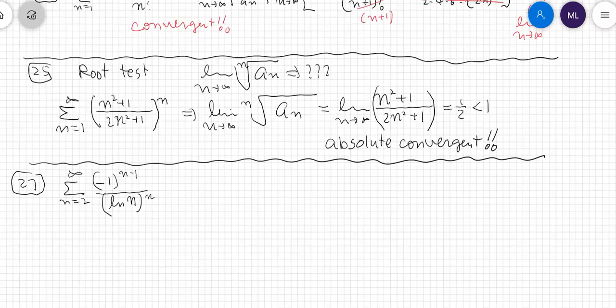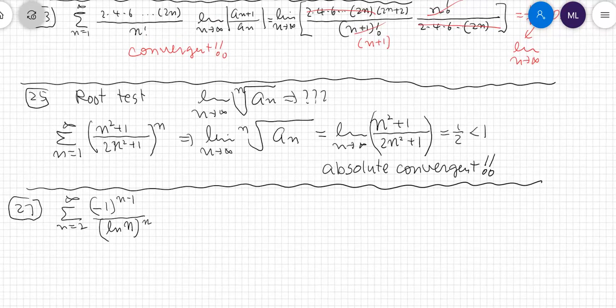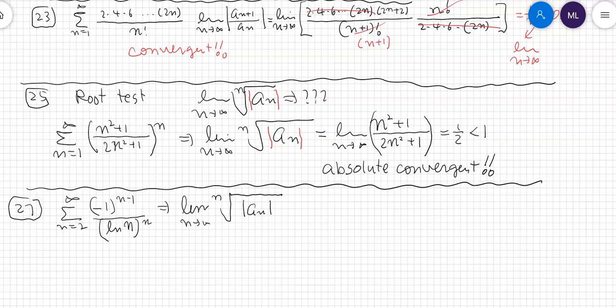Okay, actually for the root test, you've got to put the absolute value. So we want to make everything positive, since you can't have a negative inside the radical. So from here, the limit as n goes to infinity of the nth root of a_n is the limit as n goes to infinity of ln of n.